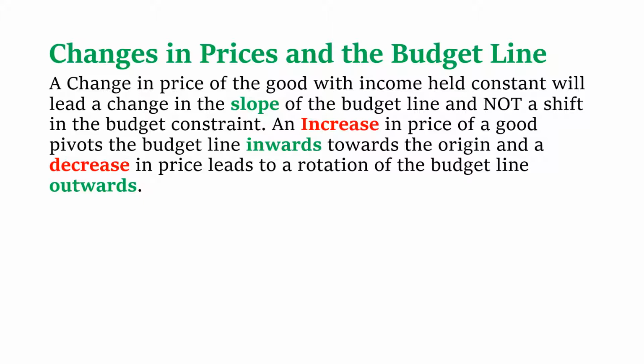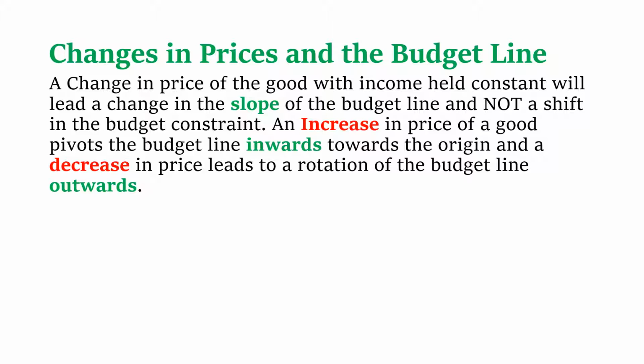It will pivot outwards if the price falls. If there is a fall in price, then the budget line will rotate outwards. It is not going to rotate inwards, okay? If there is an increase in the price, it is going to rotate inwards. Now, you see the difference here.